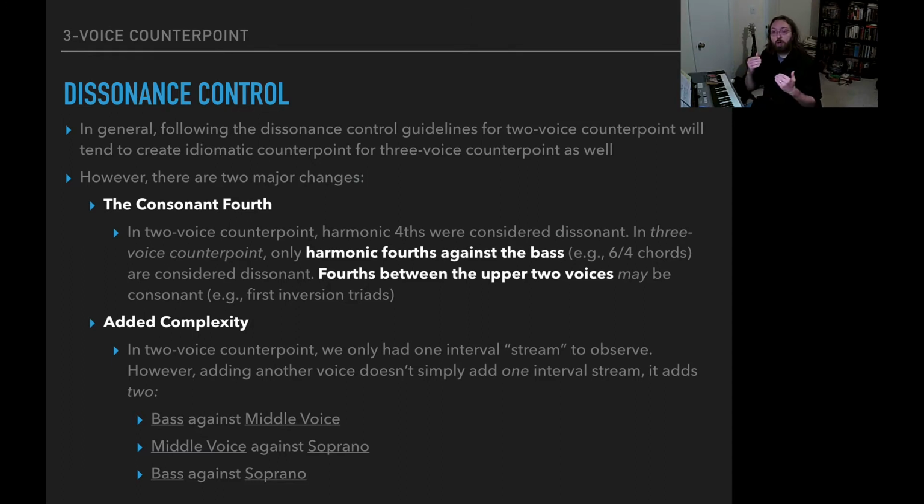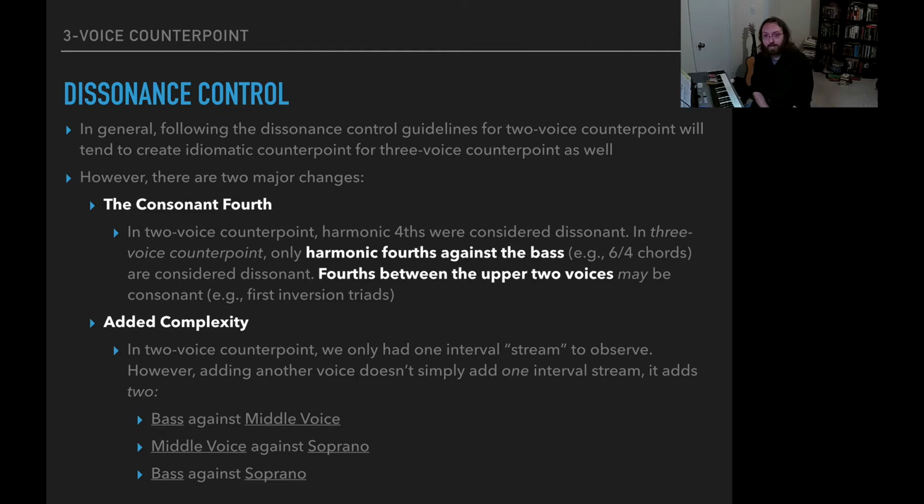So, harmonic fourths against the bass need to be resolved, but fourths between the upper two voices may be consonant. There are some instances that we'll see where they're dissonant, but just consider that we now have that option, that fourths can be consonant when they're in the upper two voices, particularly when they're in the context of a first inversion triad.